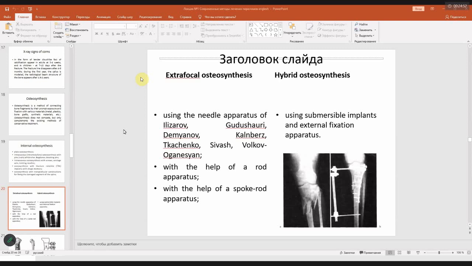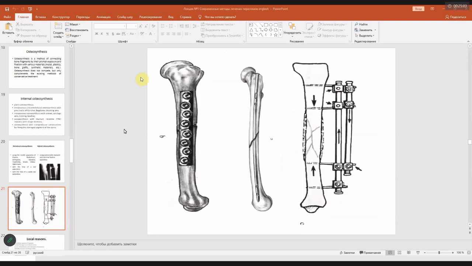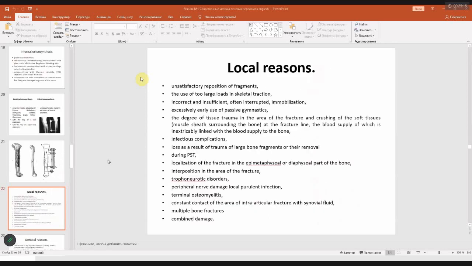Using submersible implants and external fixation apparatus. For example, combined pin and extra fixation. Local reasons.